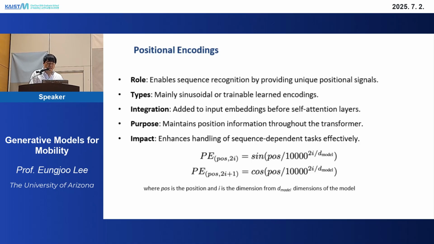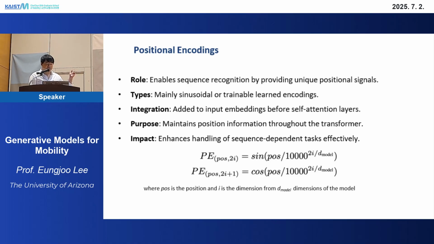And I mentioned that the transformer architecture has a positional embedding, which is very critical in the vision field. The role of this positional encoding is that it enables sequence recognition by providing unique positional signals.